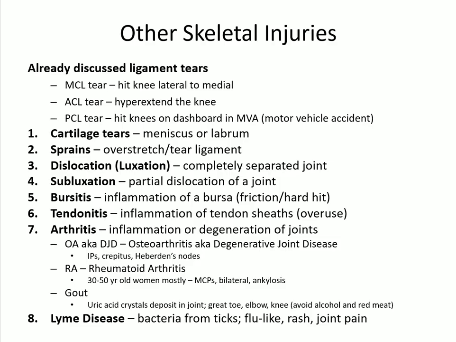We've already discussed ligament tears, so MCL, ACL, PCL. So like I said, MVA, you'll see that. That stands for motor vehicle accident. Let's talk about cartilage tears. So, like I said, long time to heal, if ever. The meniscus and the labrum are the most common cartilage tears. Sprains. So sprains and strains are different.